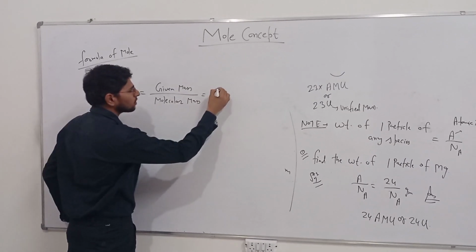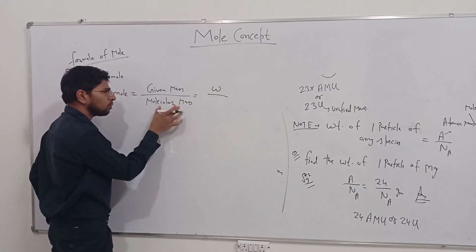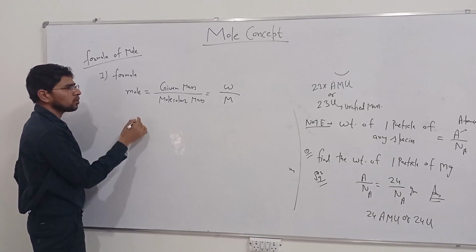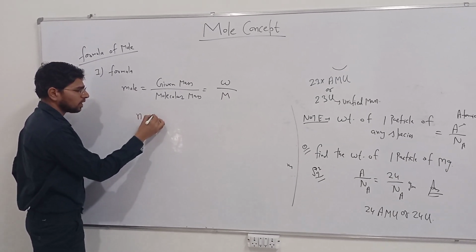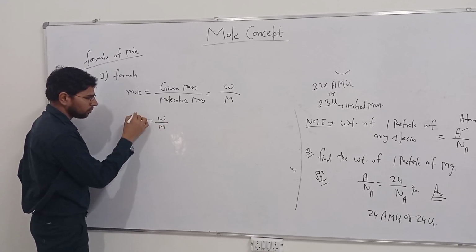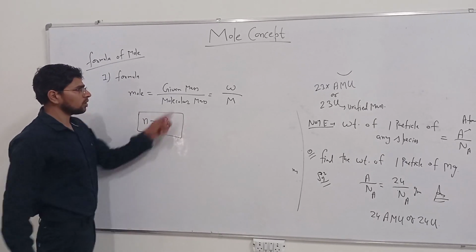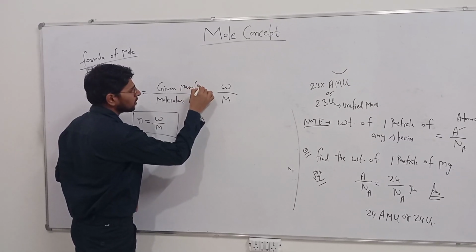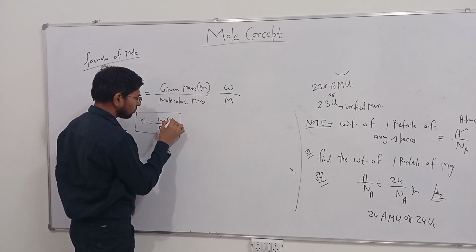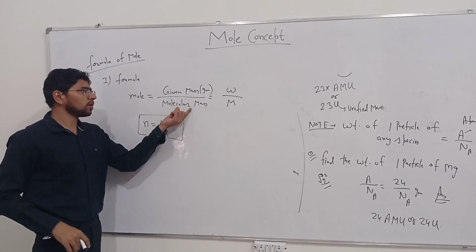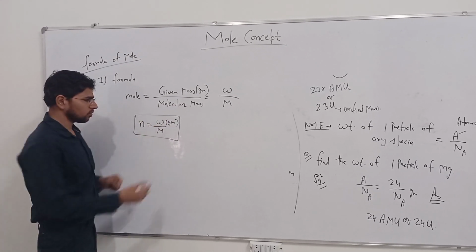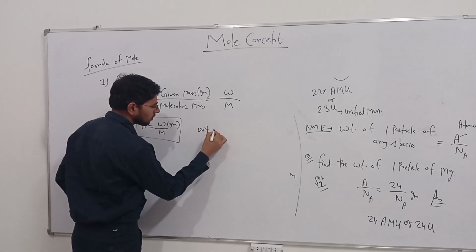Given mass is denoted by W, molar mass by capital M, and moles by n. So n is equal to W by M. Be careful, mass must be in gram, because molar mass is also in gram. That's why W must be in gram. Unit: mole.